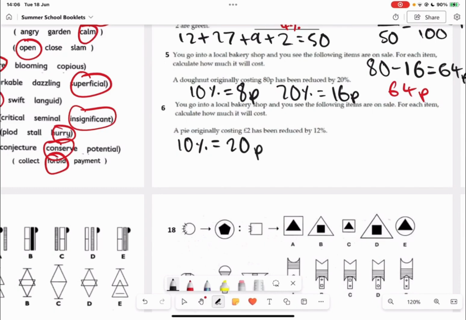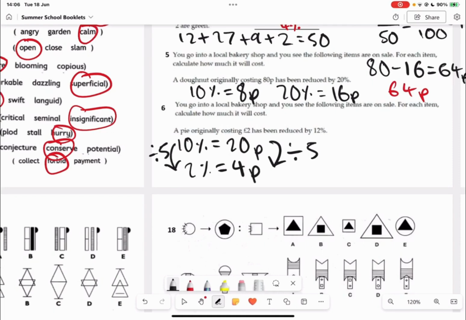So 20p is our 10%. Then we find what 2% is. If 10% is 20p, and that's 10 divided by 5, then we do the same thing to the 20. Because 10 is divided by 5, we divide 20 by 5, which is equal to 4p, because 4 times 5 is 20.